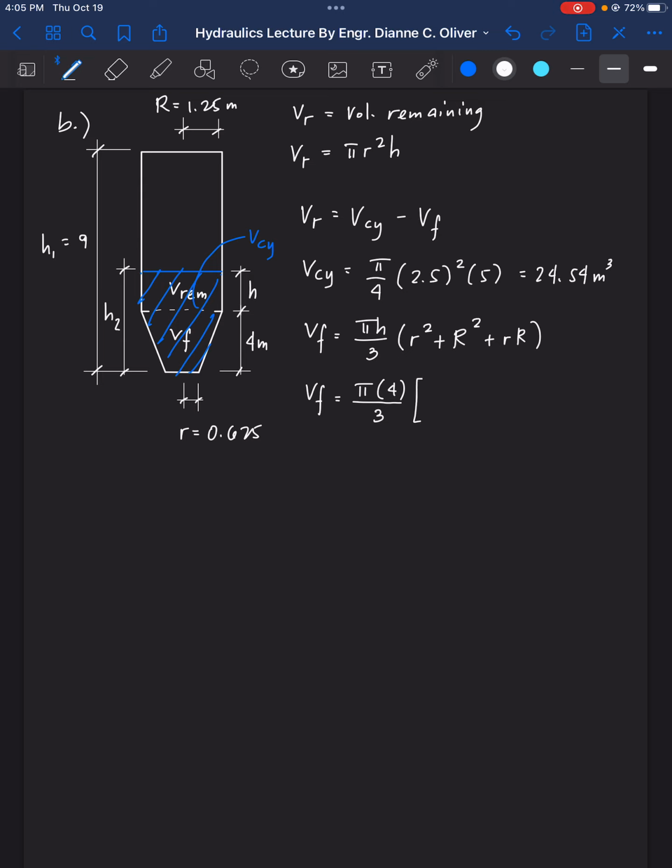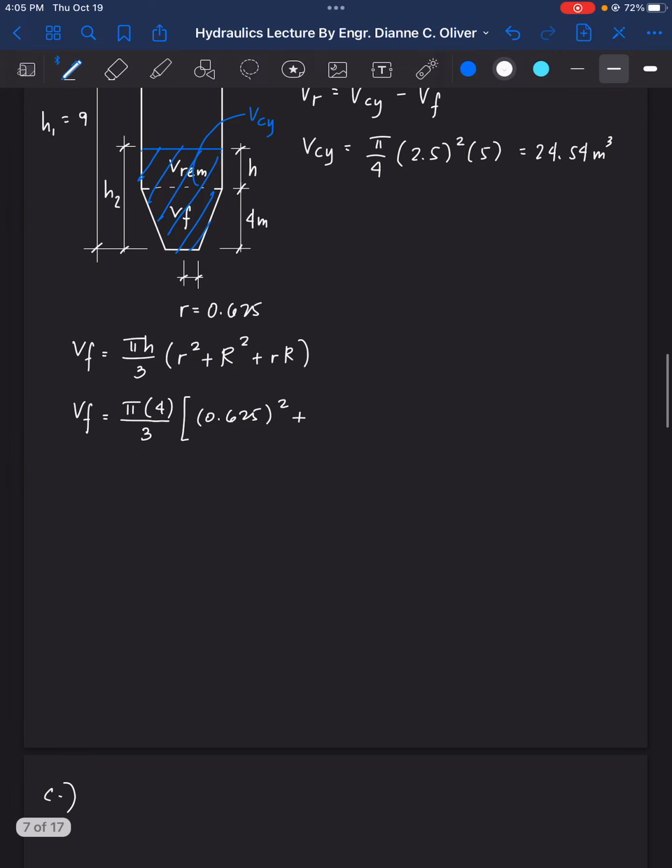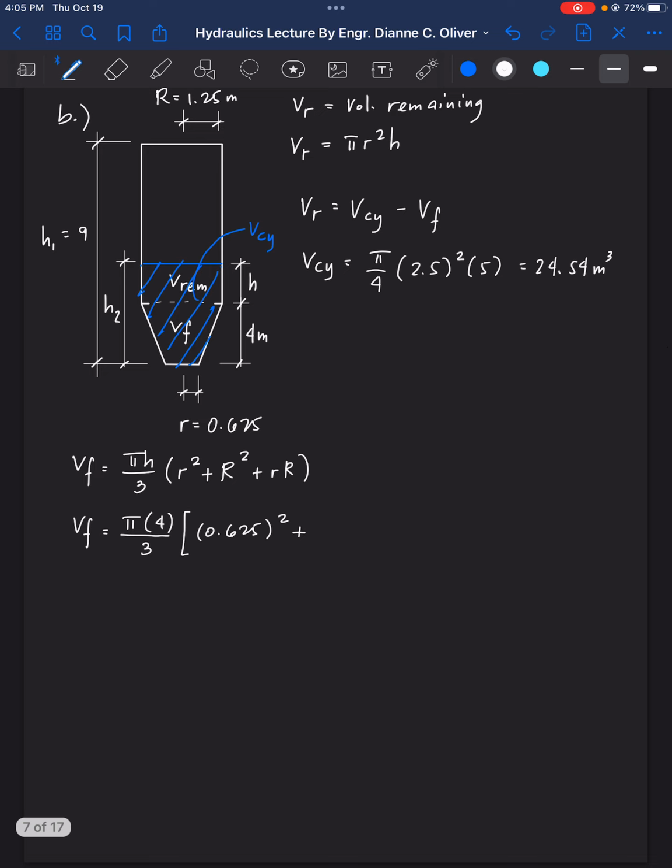So our small r is 0.625 squared plus our bigger R here is 1.25 squared plus 0.625 times 1.25.